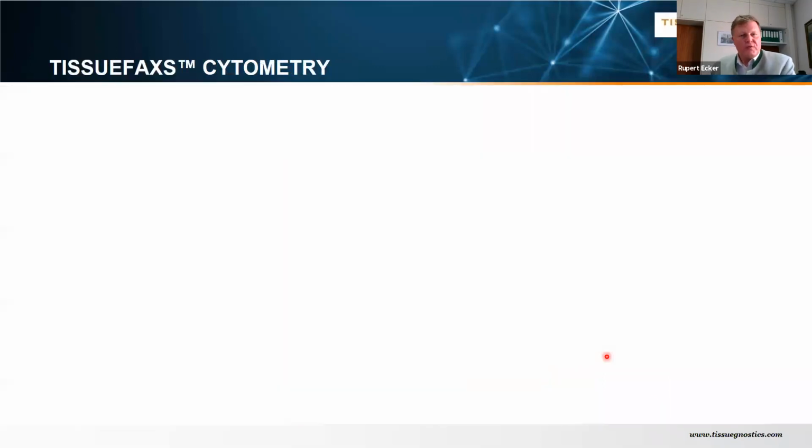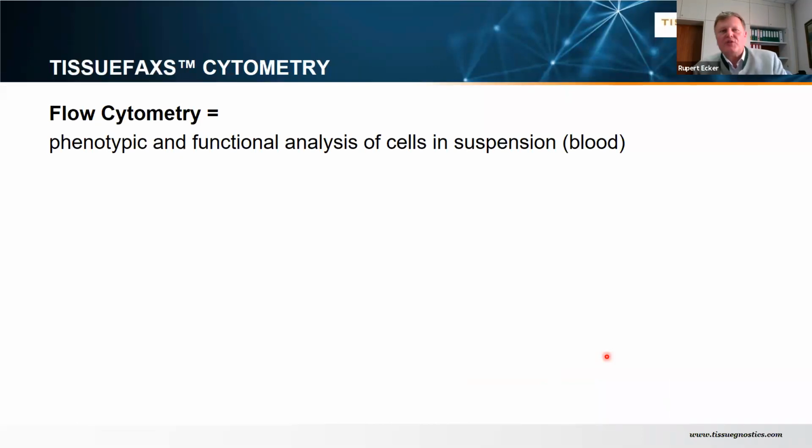Now, what is TissueFAXS cytometry? I may assume that all of us are aware of flow cytometry, which is a technology that has been available for decades. If you go to PubMed or any of these literature databases and search for FACS, F-A-C-S, or flow cytometry, you will literally find hundreds of thousands of publications that have used this method of research in their studies.